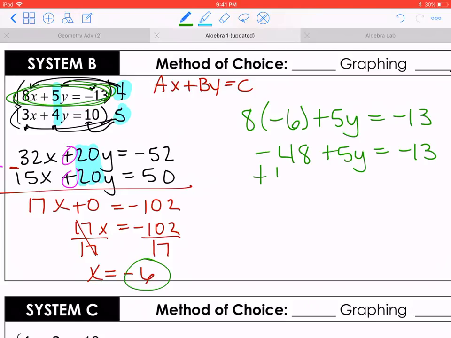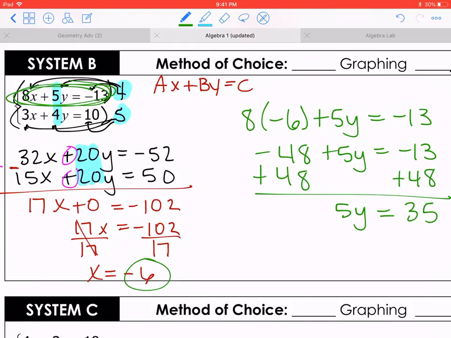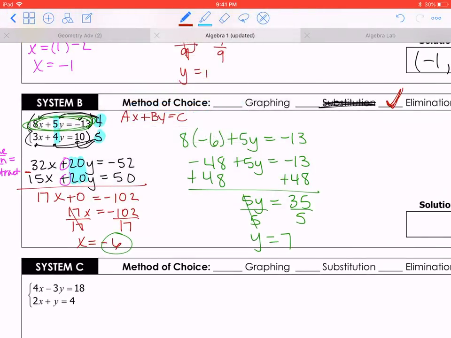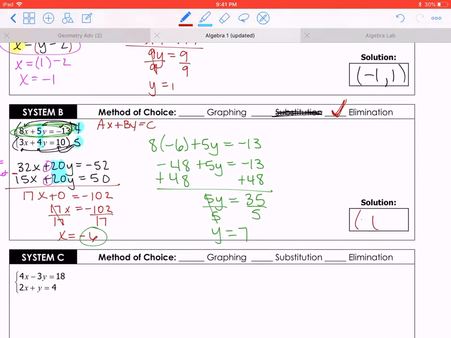Add my 48 over, and 5y will equal 35. Divide by 5, and y will equal 7. So now my final solution is -6, 7. Okay?